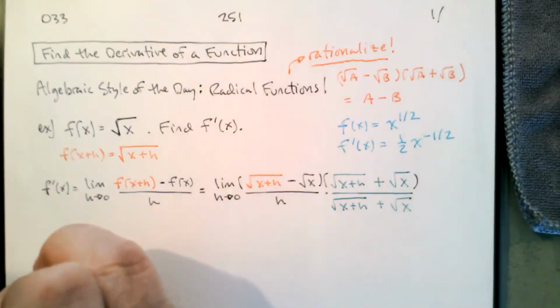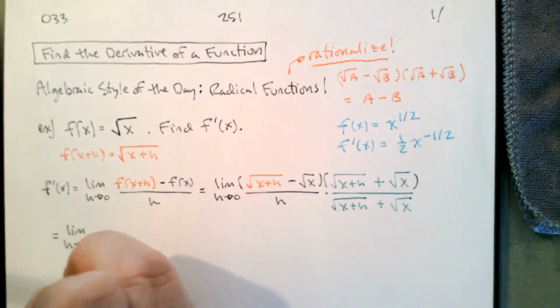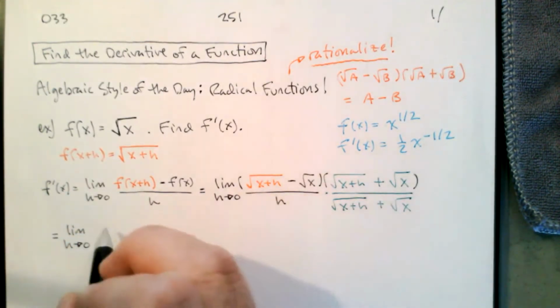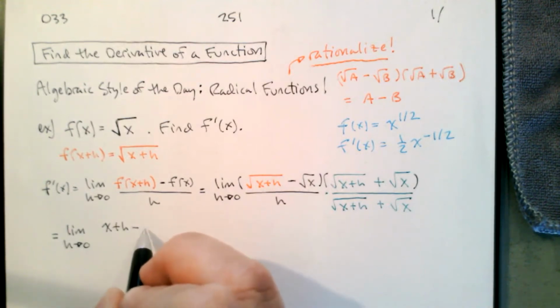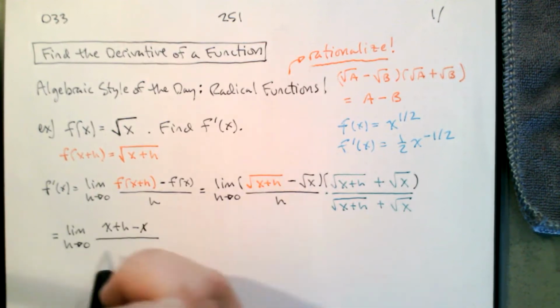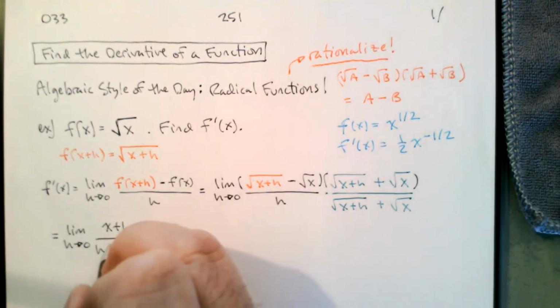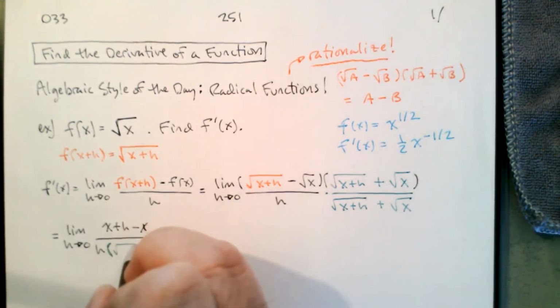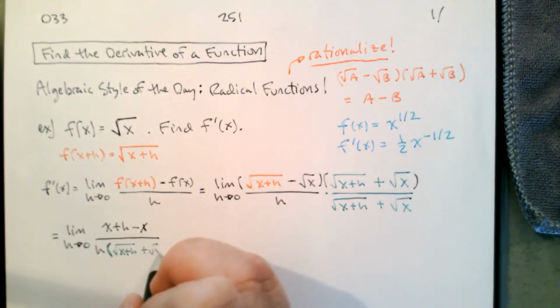So this is going to end up being the limit as h goes to 0. In the numerator, I'm just going to have an x plus h minus x. In the denominator, I'll have this h, and I'll still have the square root of x plus h plus the square root of x.